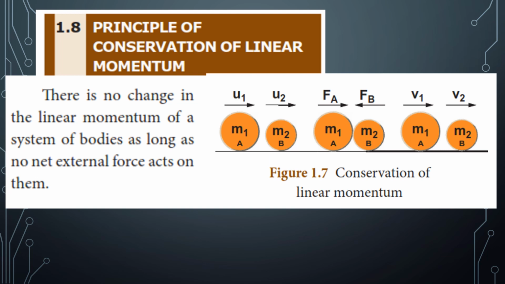By Newton's third law of motion, action force is equal to reaction force. Fa is equal to minus Fb, that is m1 into (v1 minus u1) by t is equal to minus m2 into (v2 minus u2) by t, which implies m1 v1 plus m2 v2 is equal to m1 u1 plus m2 u2.